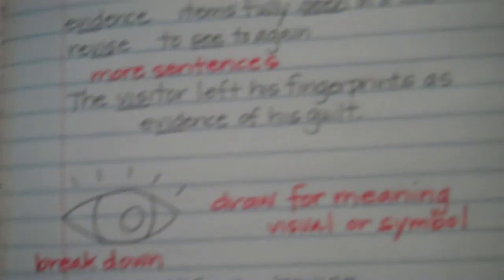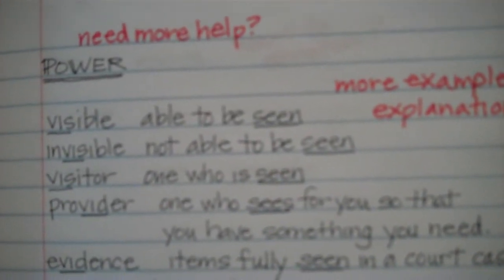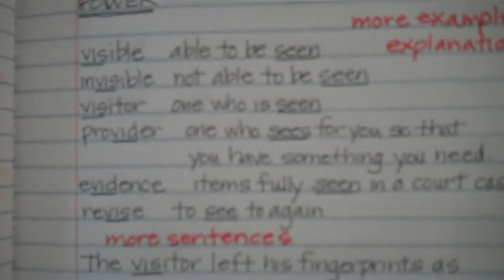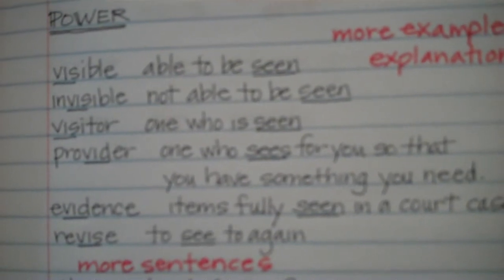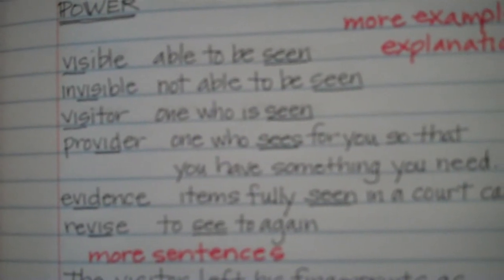In the power round, I'll be giving you some extra help. First, we'll start out with some more examples and their explanations. Today I've given you visible. That means able to be seen. Invisible, not able to be seen.